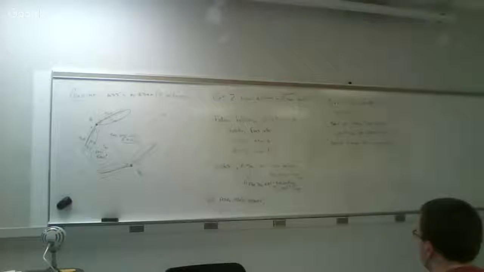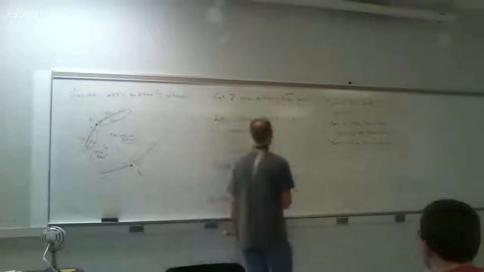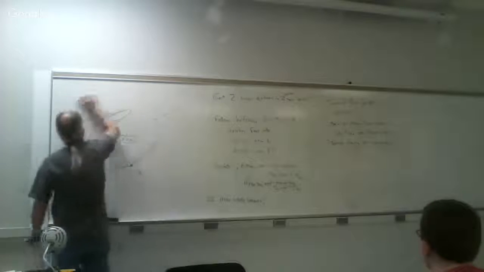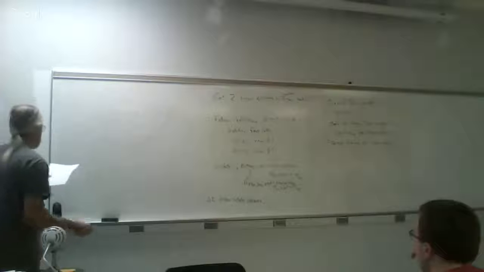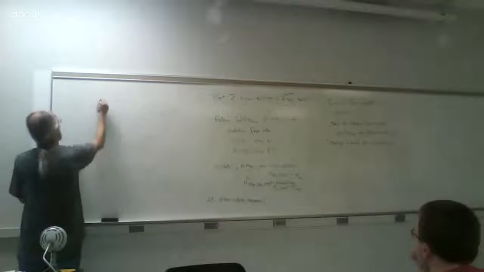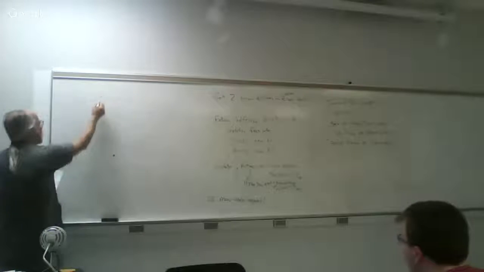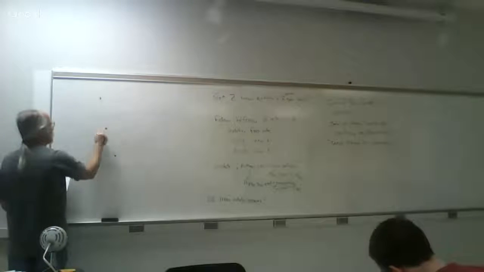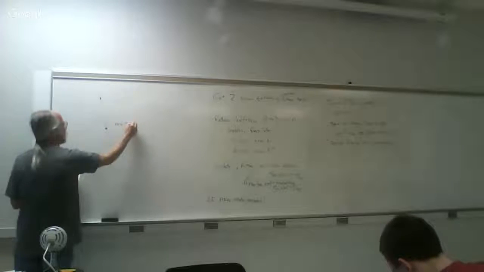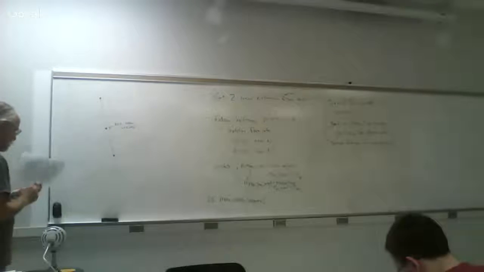Let me do next something that doesn't seem immediately obvious. I might just start over on this side of the board. There are a couple ways to add a vertex. Let's suppose for the moment that I've got an edge, and I want to add a new vertex. That's this guy right here that's getting added.